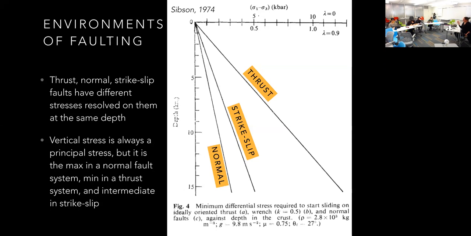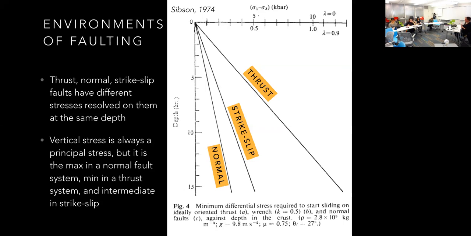But if you're in a normal faulting regime, then Andersonian theory says that your vertical stress is the strongest. It's driving the shortening, and you're in an extensional regime. So the horizontal stress is going to be your sigma 3, your minimum principal stress. Thrust is the opposite. Your horizontal principal stress is the maximum and the vertical stress is the minimum.